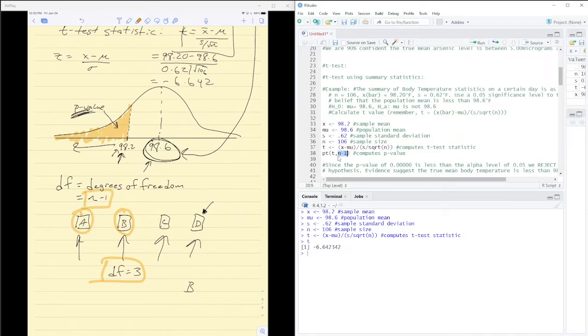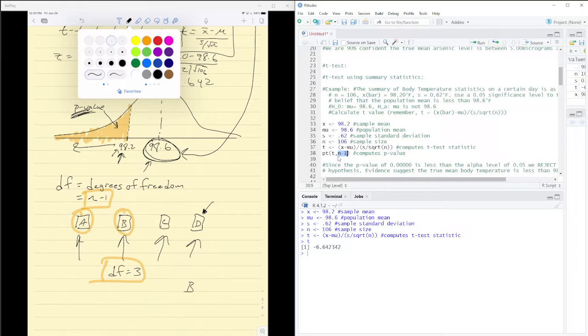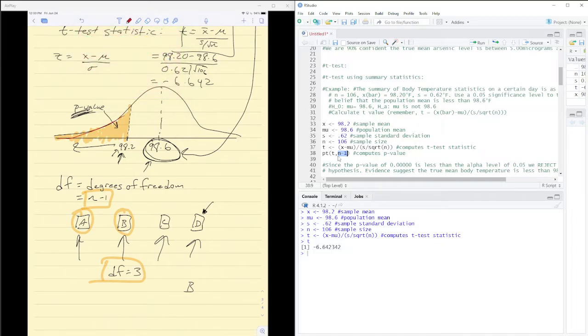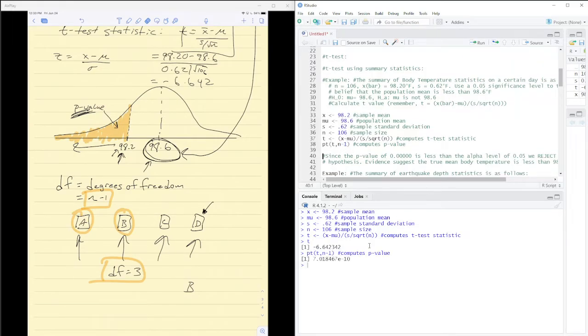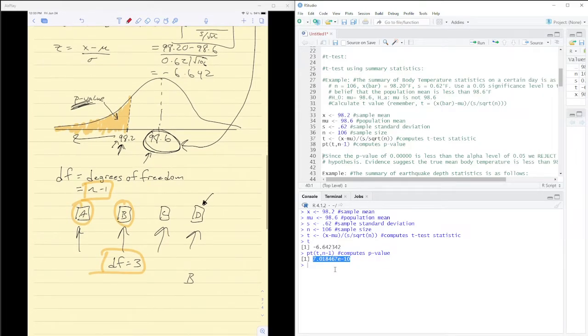And that's what affects your distribution. Remember, before, your distribution could have been differently shaped depending on your sample size, and that's what that controls. So your degrees of freedom in this problem is 1 less than your sample size, which is why we have this n-1 here. And this will give us our p-value. And this gives us a weird-looking number. So it says here, let me clean some of this up.